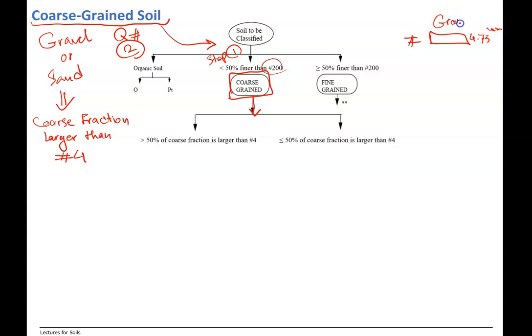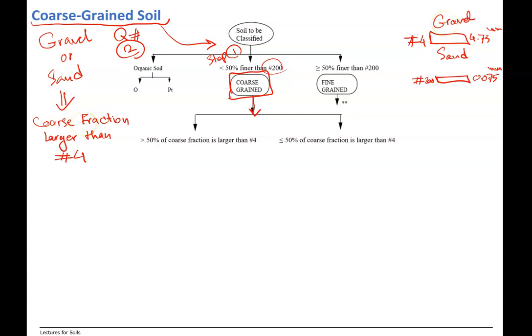On top of number 4, we have gravel, and here we have sand. Sand is between number 4 and number 200. Fraction larger than number 4. Larger than number 4 means gravel.